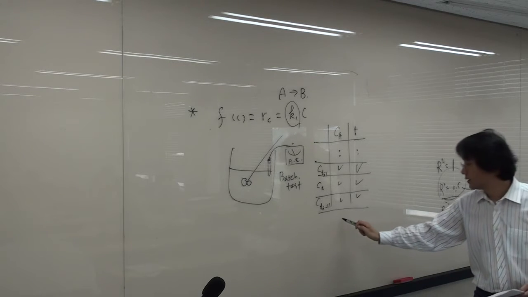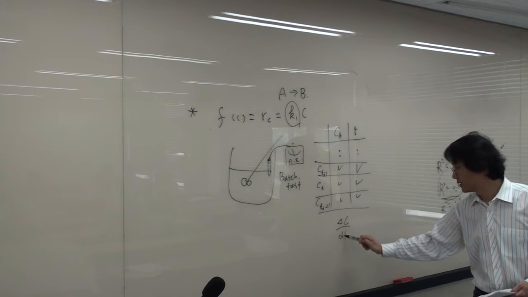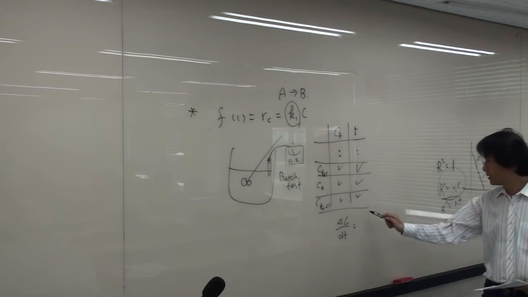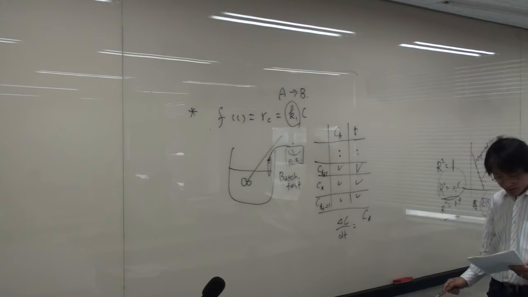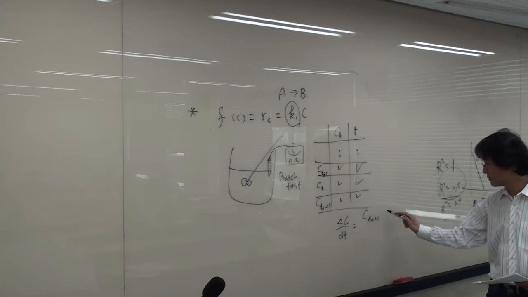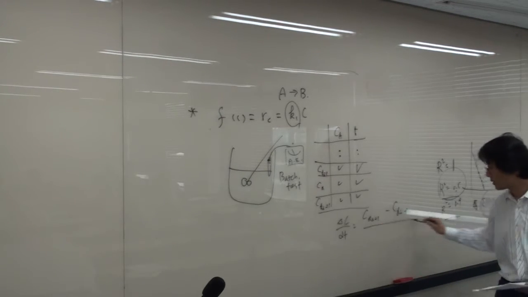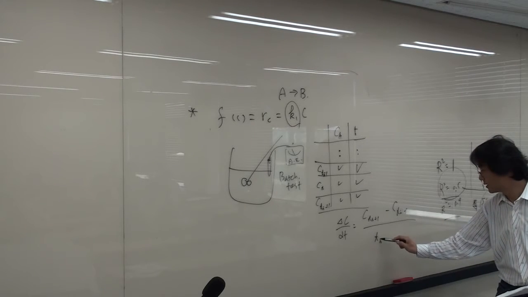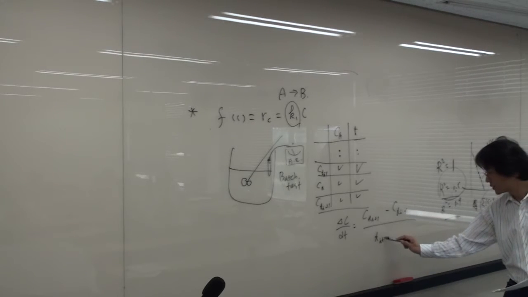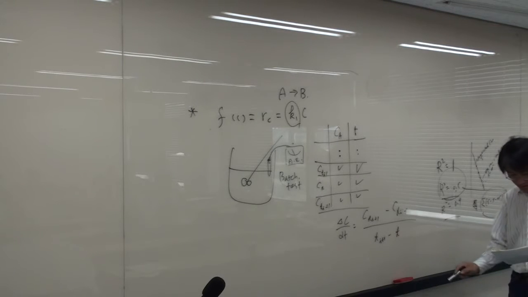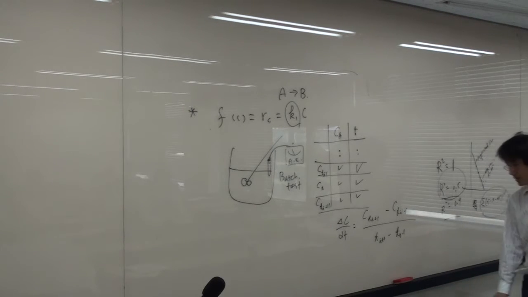And then delta C over delta T equals, well, as you guys know, C(t(i+1)) minus C(t(i-1)) over t(i+1) minus t(i-1), like this.